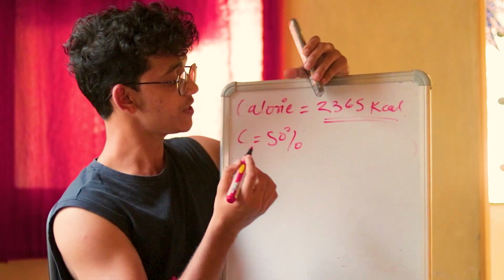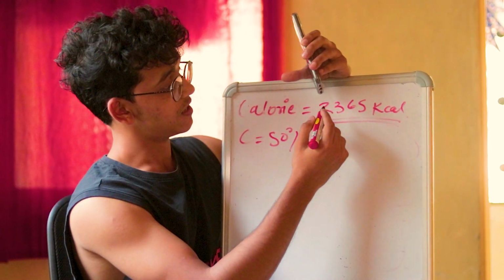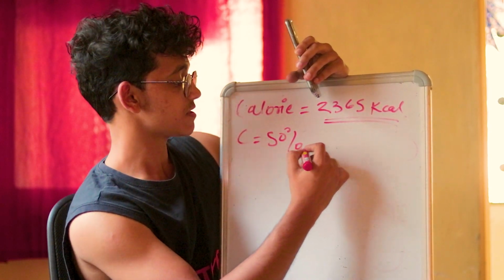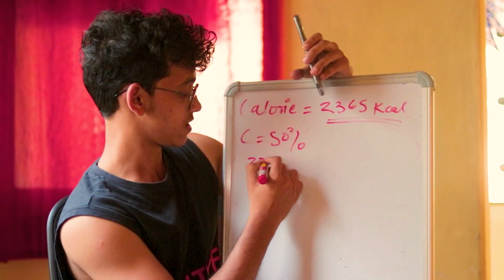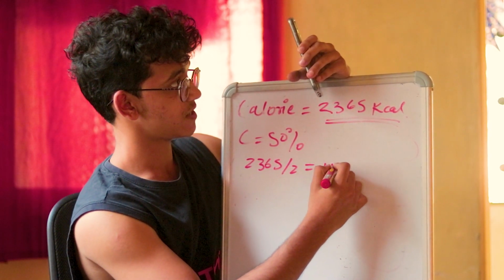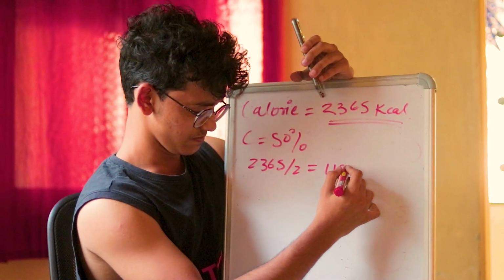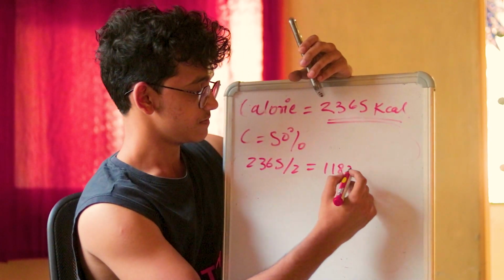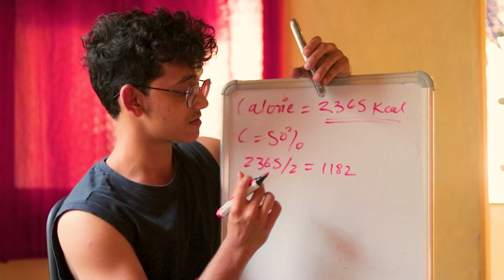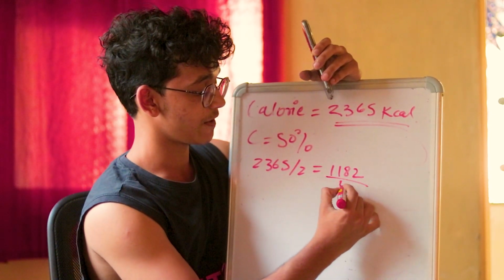Now you need 50% of carbs, that is you have to divide this number into half. So 2365 divided by 2 becomes 1182, sorry. Now in order to get the carbohydrate amount, you have to divide it by 4.